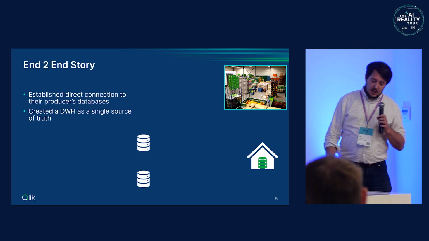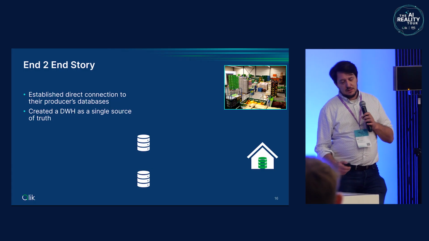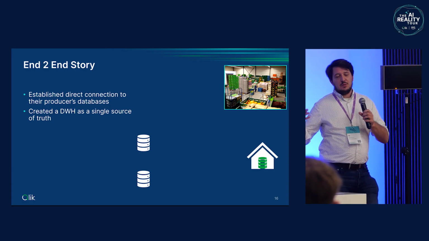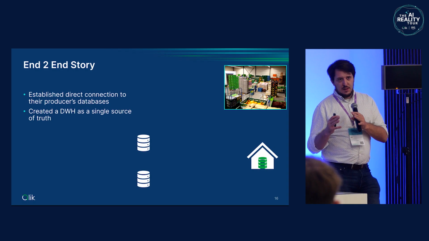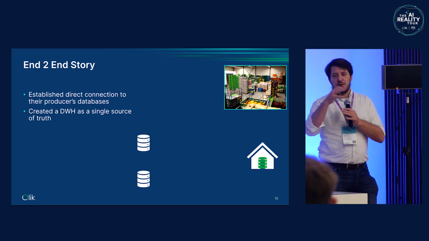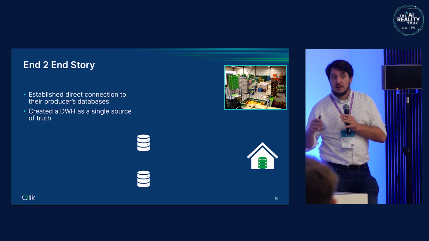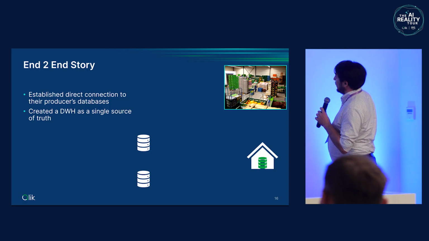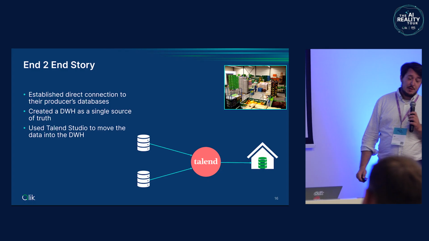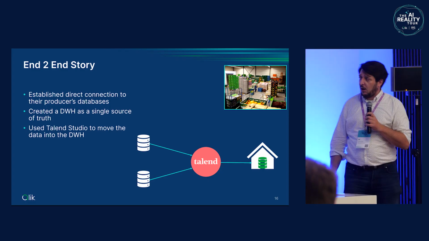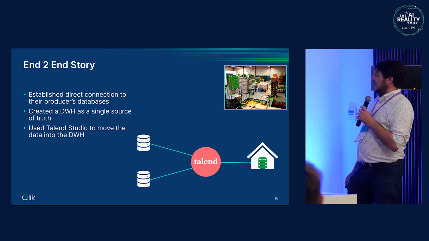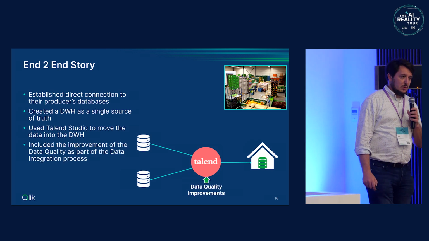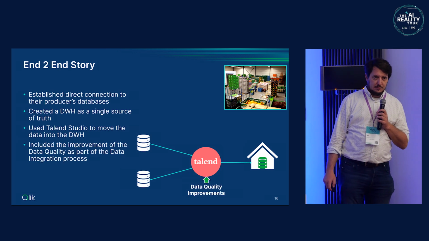So we said, okay, you've got your data from your producers, but you wanted to have a single source of truth. Basically, the data from your customers in a format that you like at one place. Later on, they maybe want to go to Iceberg and data lakes, but for now, for the POC, we did a data warehouse. And then we used the Talend Studio to move the data into your data warehouse.